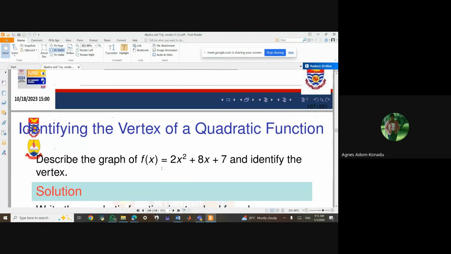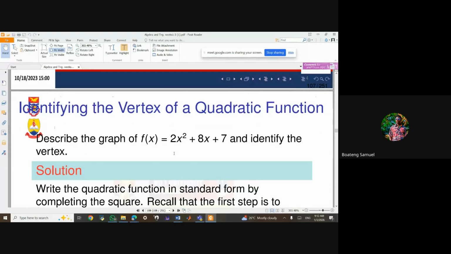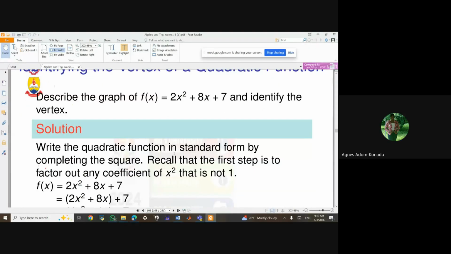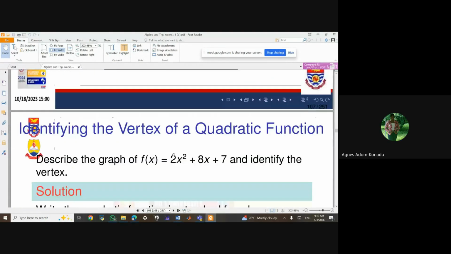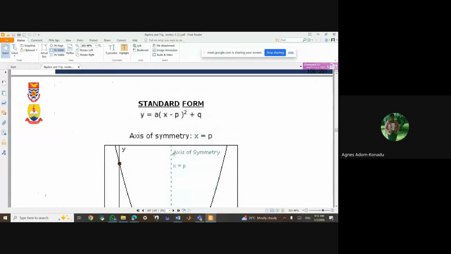So is the graph going to open downwards or upwards? Upwards. So it means that I'm going to get a minimum turning point, because a is greater than 0. So we want to write it in the standard form, a into bracket x minus p squared plus q.